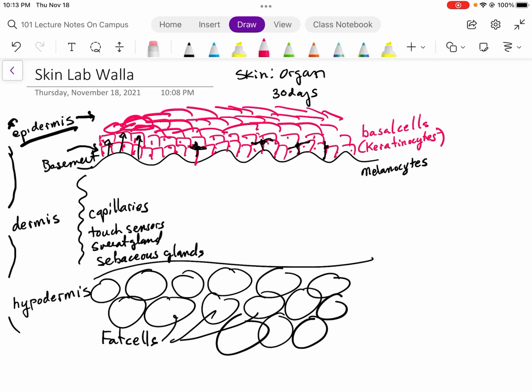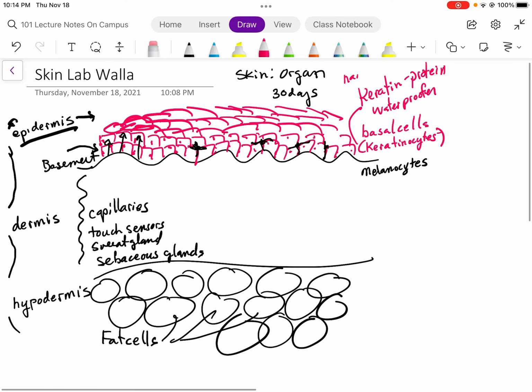The reason they are called keratinocytes is because they produce a thing called keratin, which is a protein. That protein is a waterproofer, and it's also a protector. It makes up things like your fingernails; nails and hair are all keratin. But how does the keratin get from inside a cell to be like your hair?